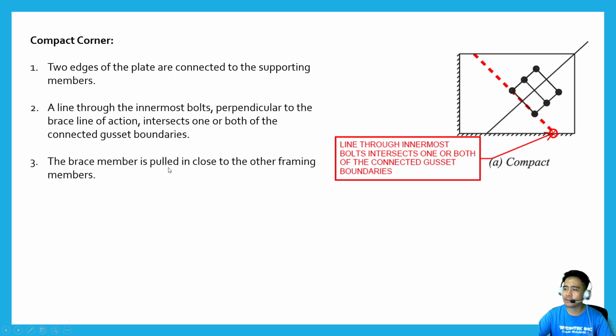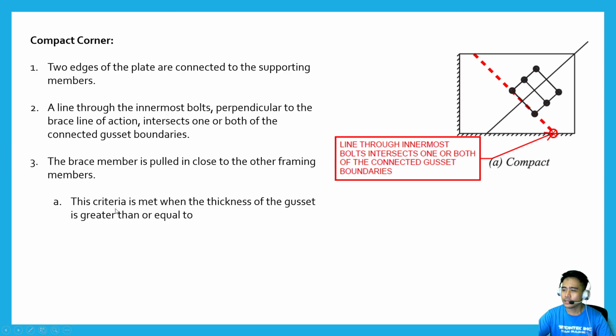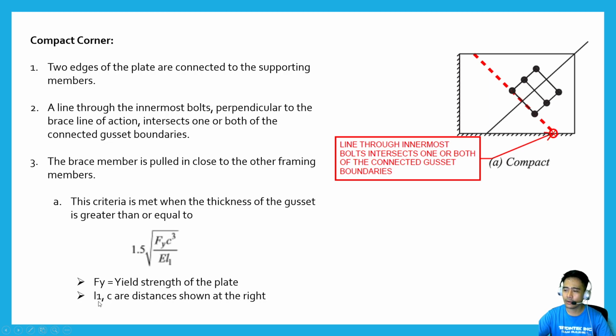Next, the brace member is pulled in close to the other framing members. This criteria is met when the thickness of the gusset is greater than or equal to this equation, where Fy is the yield strength of the plate, L1 and C are distances shown at the right.